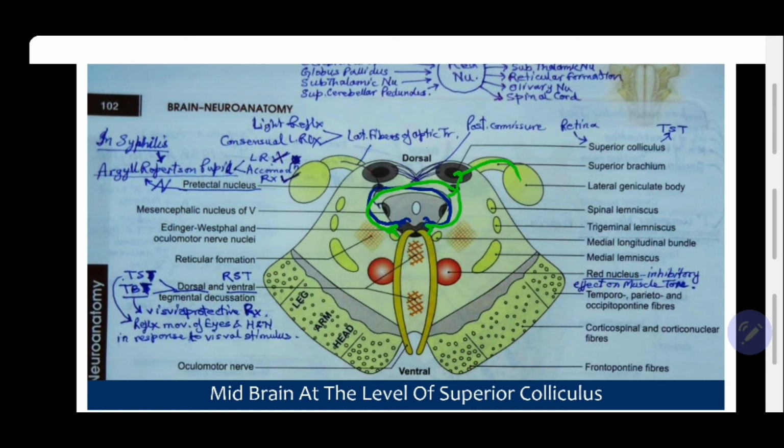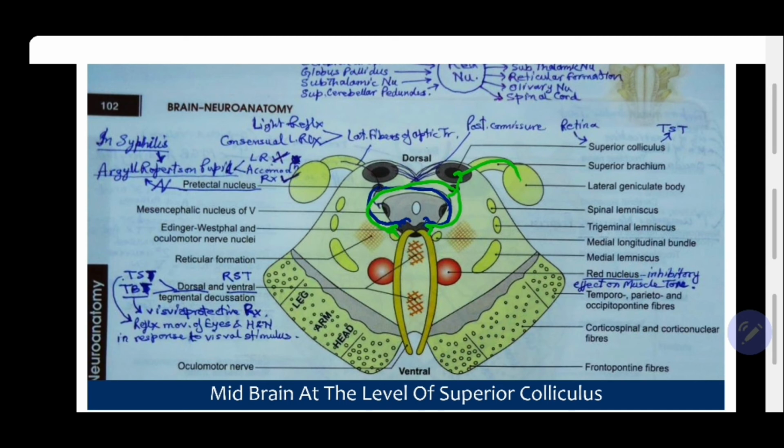So that means accommodation is intact, because that I told you follows a different pathway. So in this condition where there is lesion of pretectal nucleus, this will lead to loss of light reflex, but accommodation reflex is intact. Such a pupil is called Argyll-Robertson's pupil.